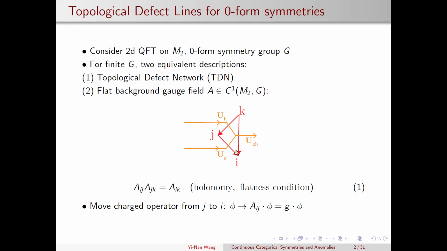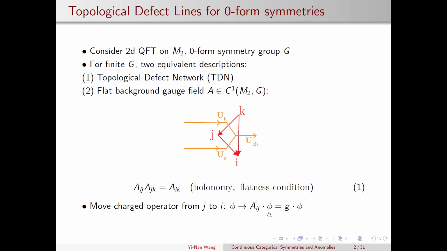And living on the edge, there is a gauge field called A_ij, A_jk, or A_ik, whose value, for instance, A_ij, is exactly equal to the group element little g. That is, the one labeled by the U_g that's perpendicular to the ij edge. And so the effect of either the TDN or the flat background gauge field is that if you move some charged operators phi, charged under the global symmetry group G, say from J to I, then this charged operator phi will be acted on by the group element little g, so phi becomes g dot phi.